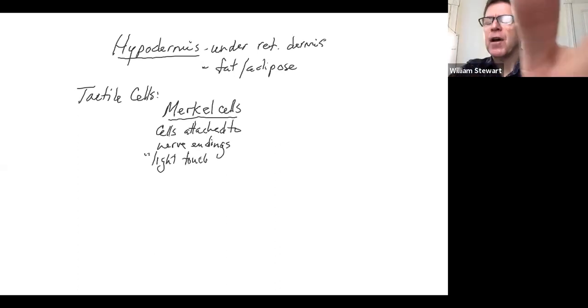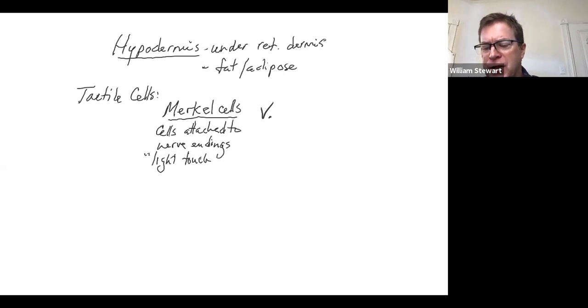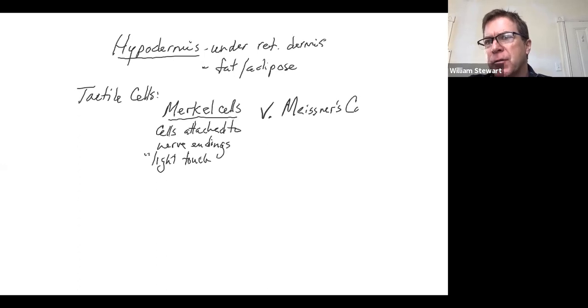There's a different type of tactile element. It's technically not a cell, so I'm going to put Merkel cells versus Meissner's corpuscles, M-E-I-S-S-N-E-R-S, just named after the guy who first discovered them. Technically, these are not individual cells.